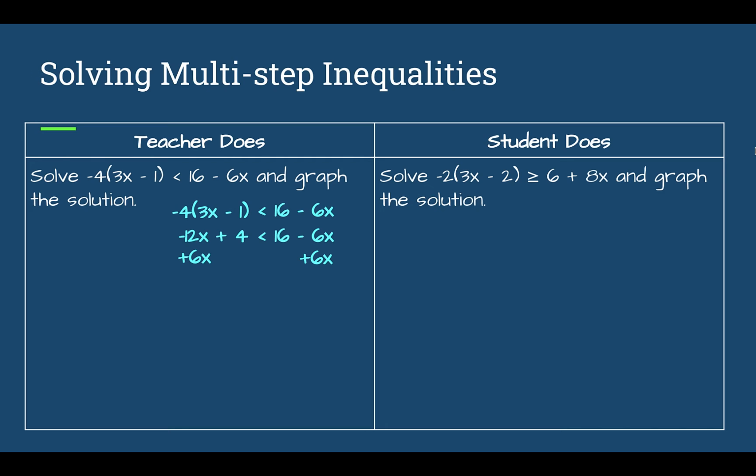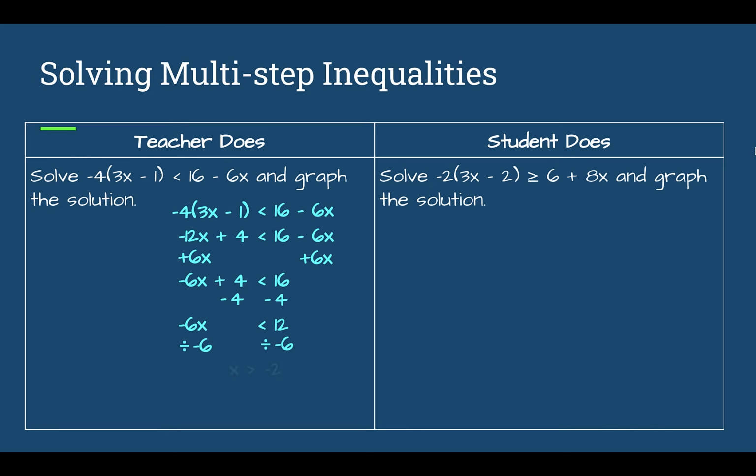So negative 12x plus 6x becomes negative 6x, and then bring down the rest, plus 4 is less than 16. Now my x is on the left, so I need to get rid of the number on the left. Subtract 4 from both sides. Doing this, I end up with negative 6x is less than 12.